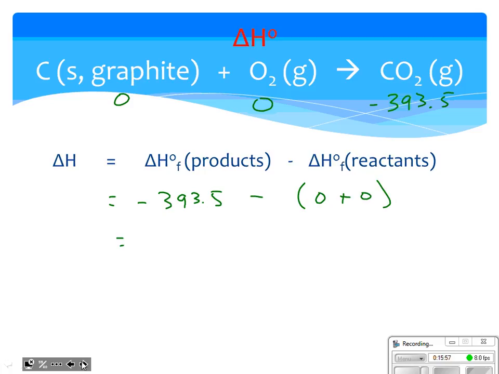So my enthalpy is going to be negative 393.5 kilojoules per mole. I'm just going to write those over here because I do not want to have to go back on the slide. 393.5 kilojoule per mole. So that is my enthalpy, delta H.